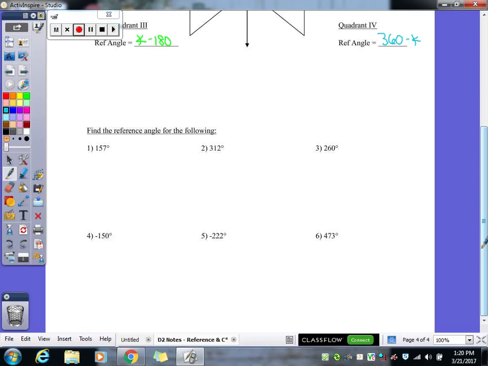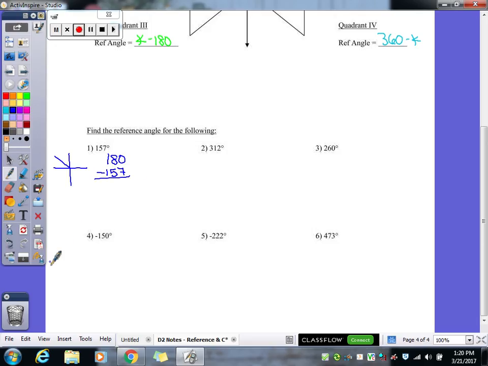So we're going to find the reference angle for the following. When you're doing these, draw your little picture for now. That's going to help you solidify the concept here. So a 157 degree angle falls in which quadrant? Quadrant 2. So our rule up there was in quadrant 2, you would take 180, subtract your angle.